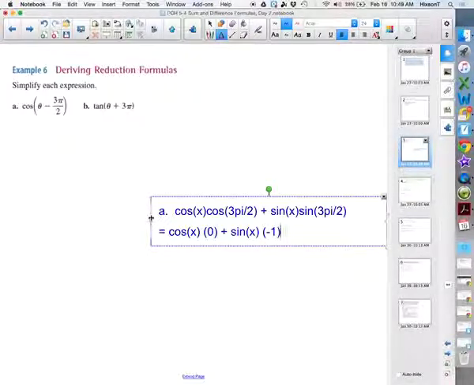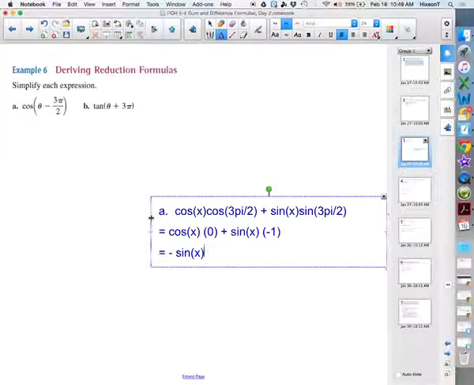So you can see here we get 0 plus a negative 1 sine. So that's a negative sine x. So, rather than doing theta minus 3 pi over 2 every time, we can just do a negative sine of theta. Okay? And it simplifies whatever process we're using there.